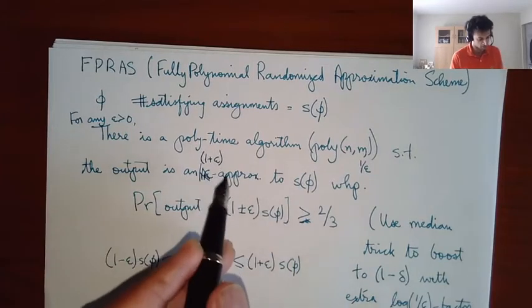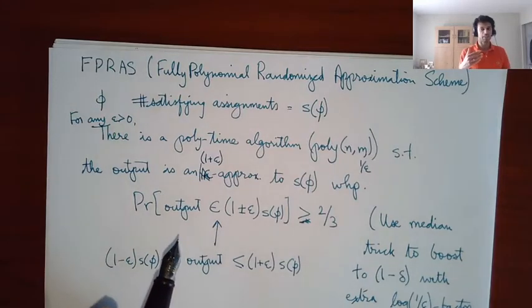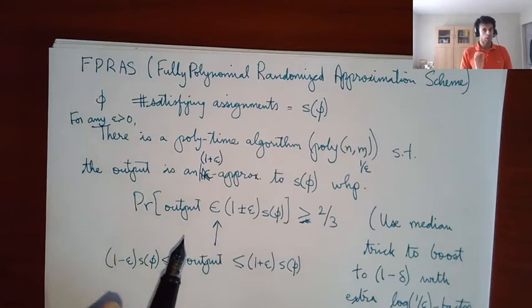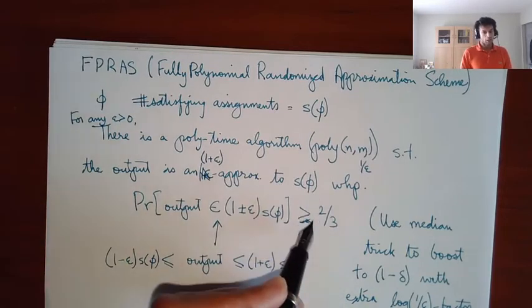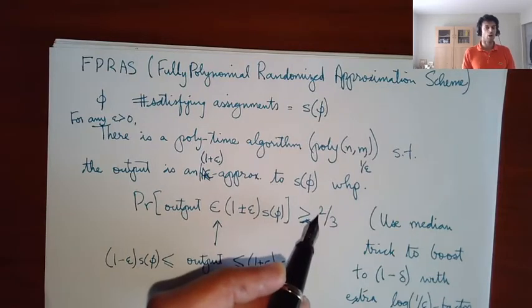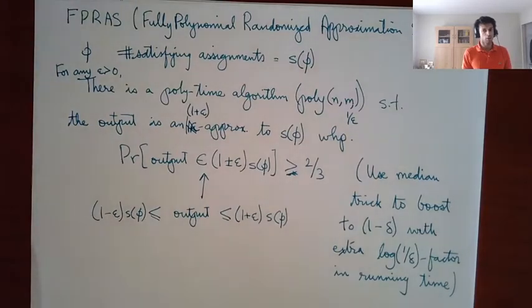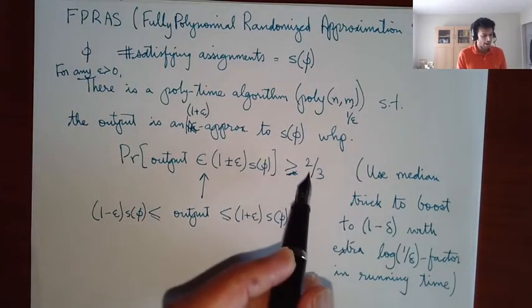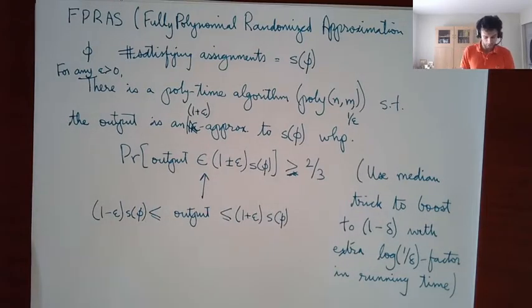What 1 plus epsilon approximation means is that your output is basically within 1 plus minus epsilon of the true output, and this happens with probability at least 2/3. Now, as I said in the previous lecture, all you need is a constant that beats a half, because then you can use the median trick to boost your probability of success to any desired 1 minus delta with an extra log 1 over delta in the running time.